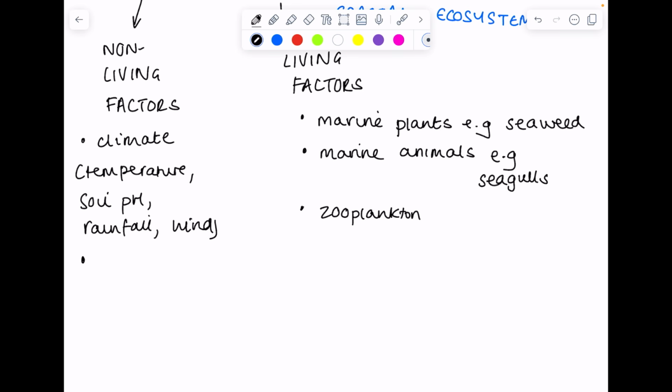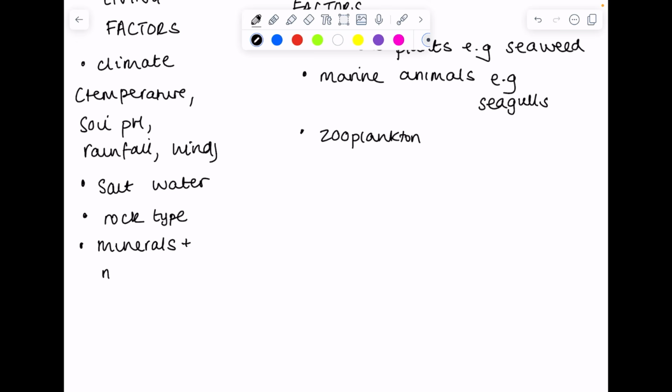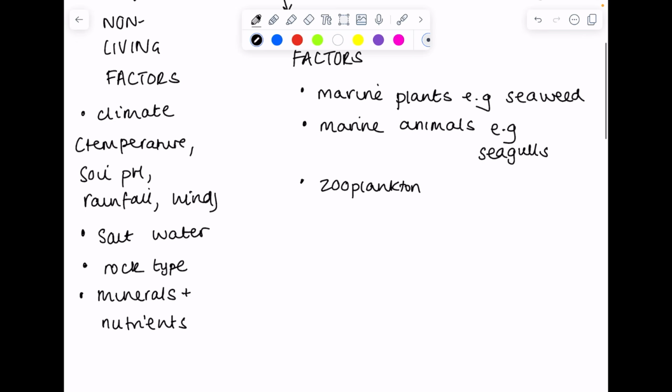It could be salinity, so salt water, rock type, any minerals or nutrients present. So you can absolutely see this division between biotic, living and non-living factors, which are abiotic factors.